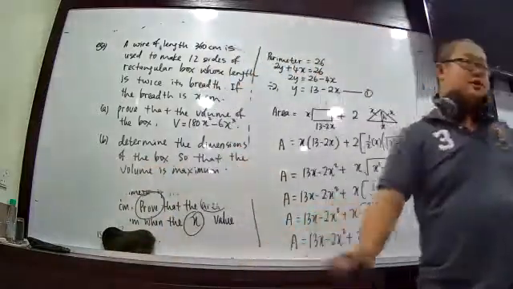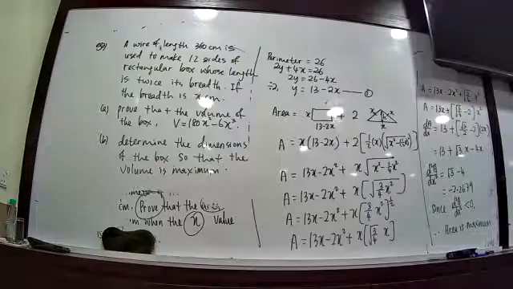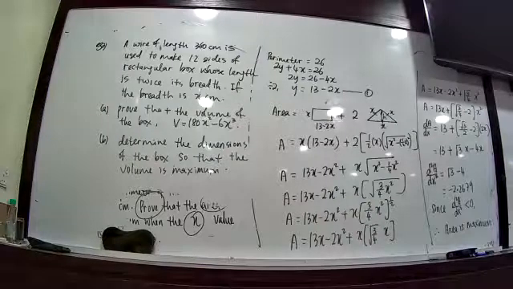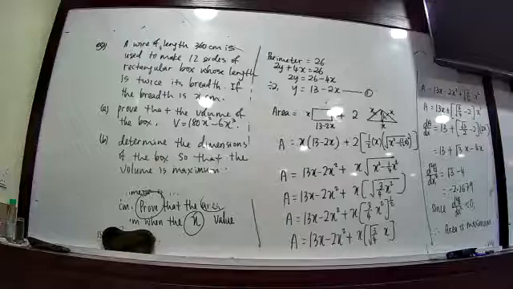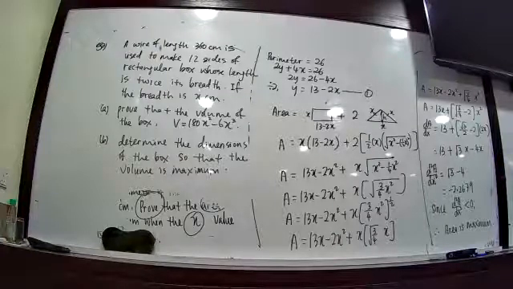Okay, so can you do it or not? If I give you this kind of question, how do you want to solve it? A wire of length 360 is used to make the 12 sides of the rectangular box.